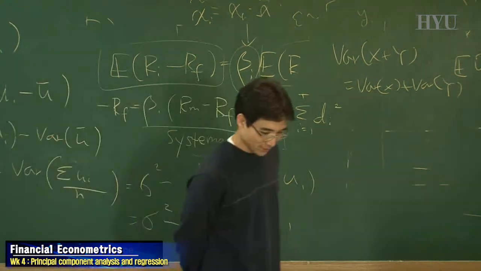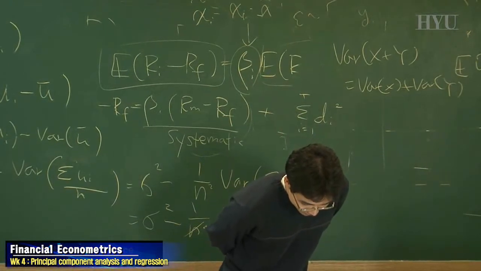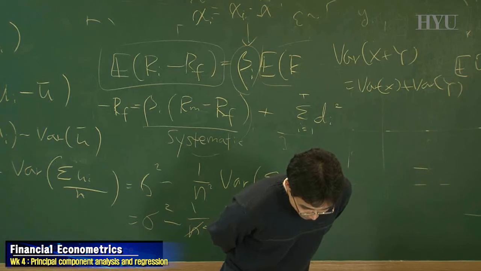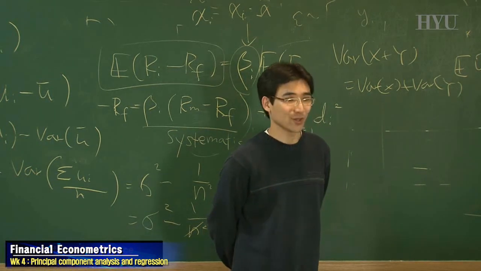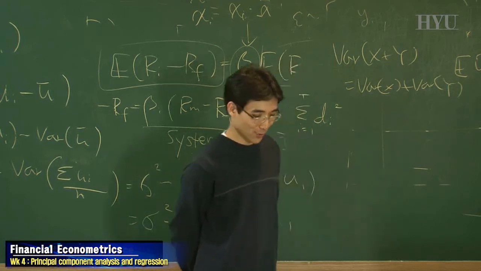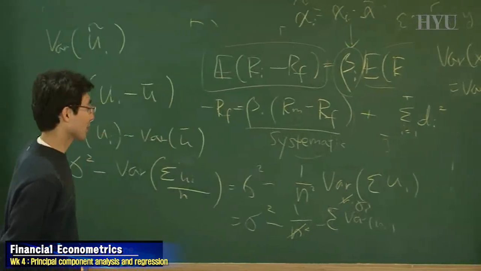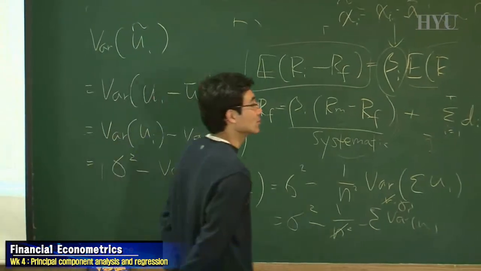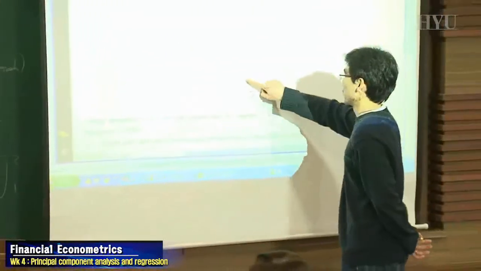Wait. I think it is not n squared, it's just n. Okay? The square term is wrong. So it is 1 minus 1 over n. There is no square.